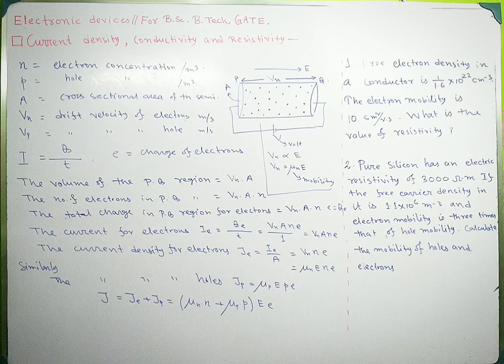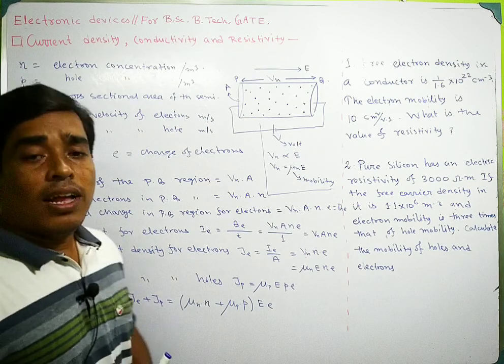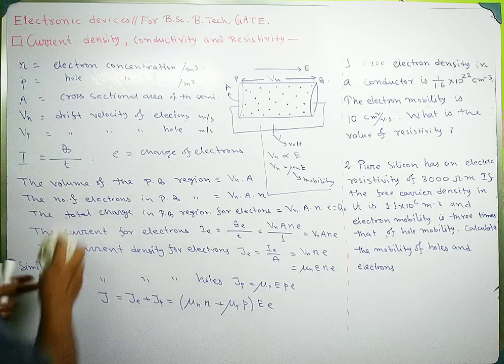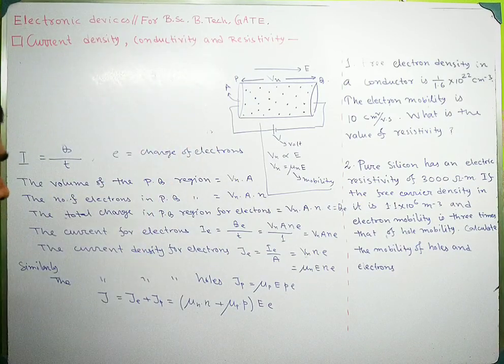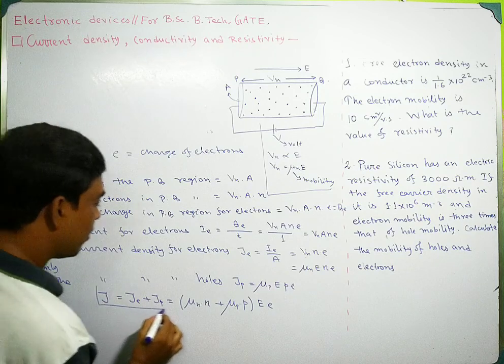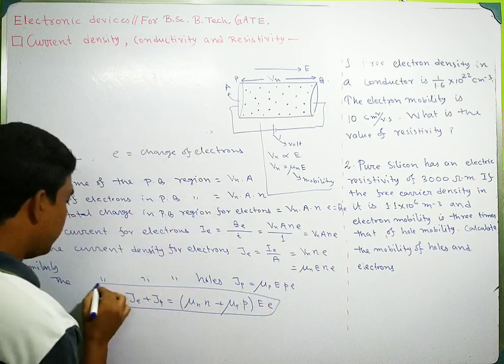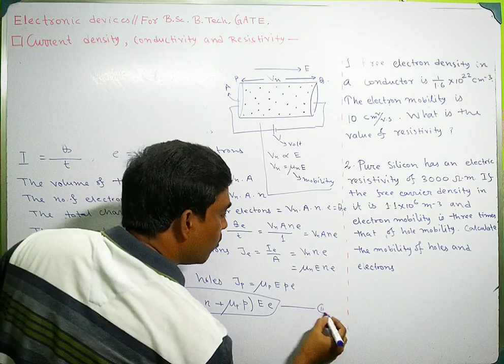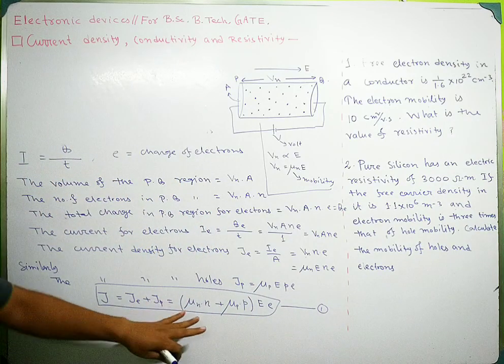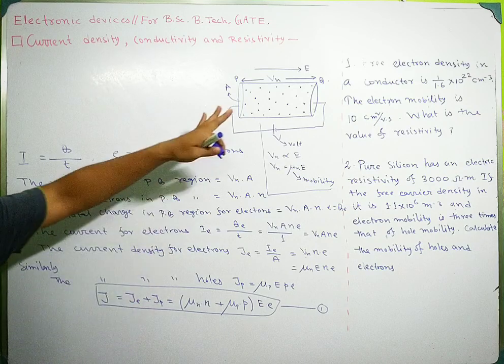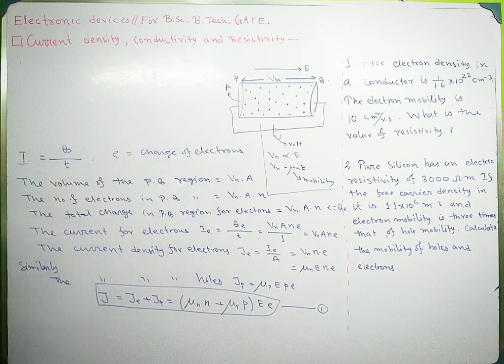This is the total current density for semiconductor. This is equation number 1. This equation is very important for our next calculation.